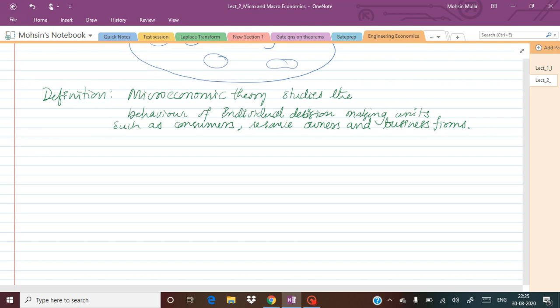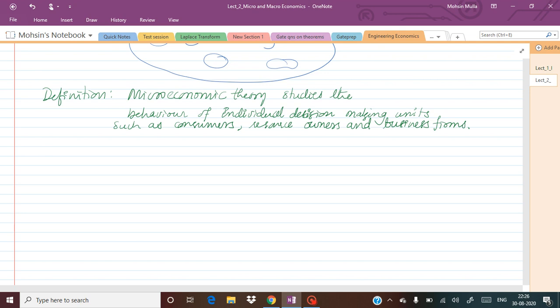In the circular flow of economic activity in the community, microeconomics studies the flow of economic resources or factors of production from the resource owners to business firms, and the flow of goods and services from the business firms to households. It studies the composition of such flows and how the prices of goods and services in the flow are determined.